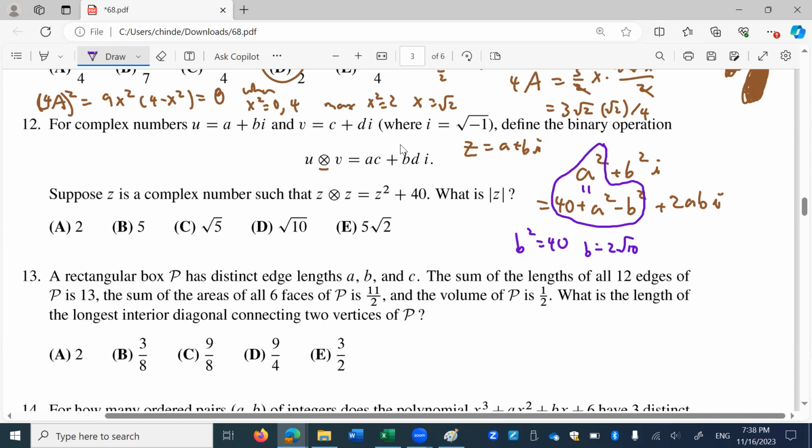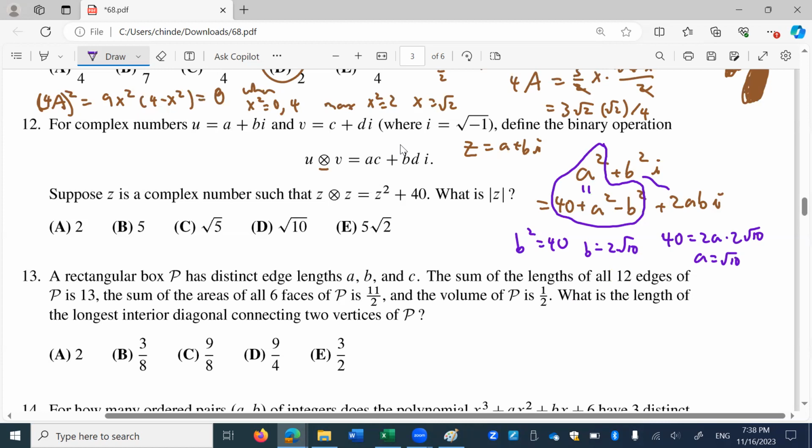And if the imaginary parts are also the same, then it looks like I have 40 equals 2a times 2 root 10. So in other words, divide out the 4, divide out the root 10, a equals root 10.